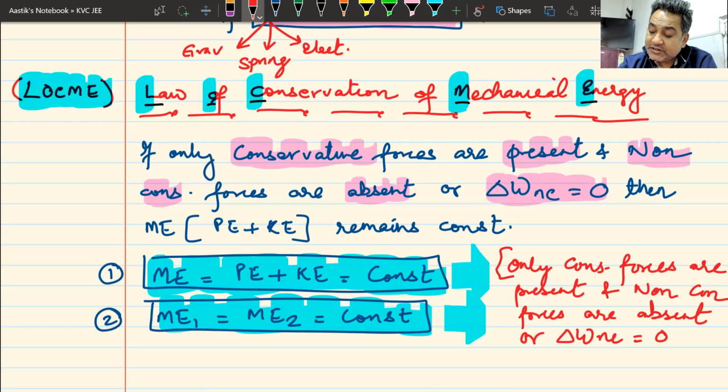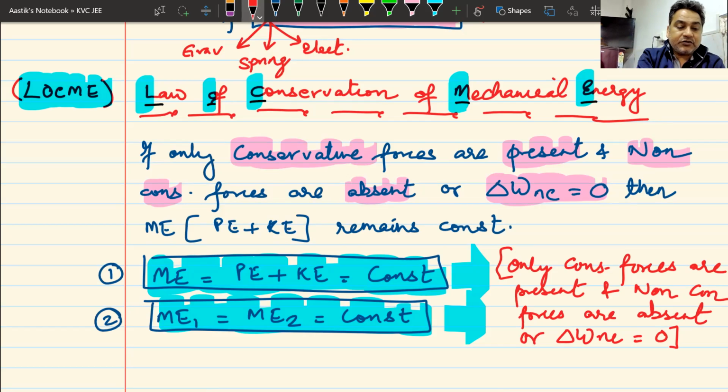So this condition has to be fulfilled for law of conservation of mechanical energy to be true. Conditions are conservative forces should be present only, non-conservative forces should not be there, or the work done by non-conservative forces must be equal to 0.